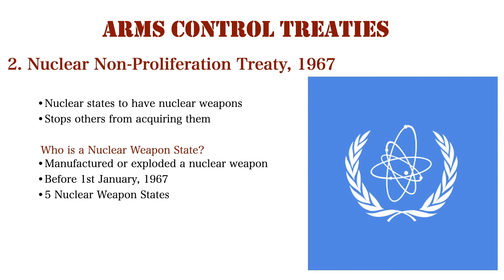Okay, so as per this explanation, there are only 5 nuclear weapon states, and those are United States, USSR, Britain, France, and China. The treaty was signed in Washington, London, and Moscow on 1st July 1968, and then it got extended indefinitely in 1995. Of course, this is an unfair treaty, and that was the reason why India didn't sign this treaty.